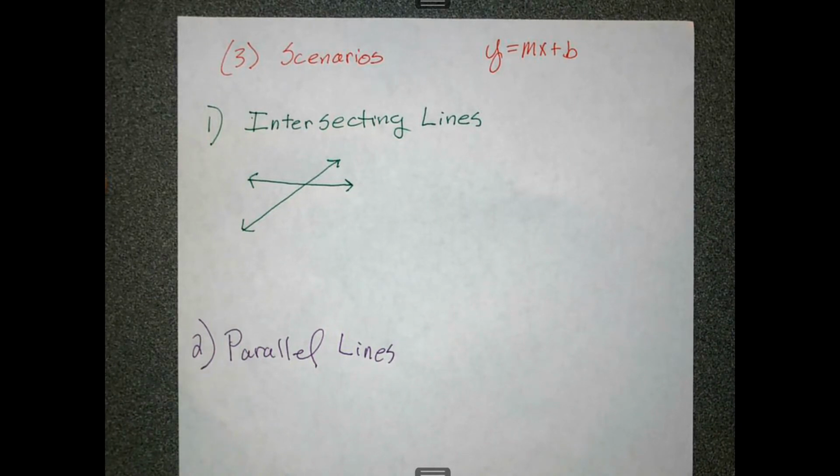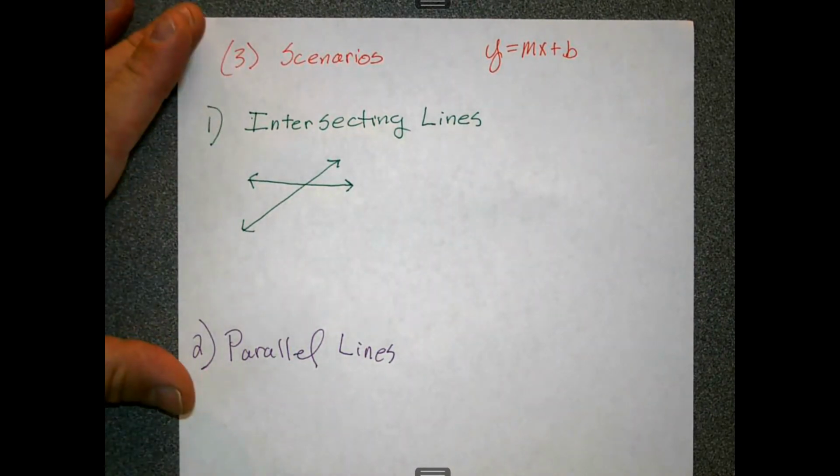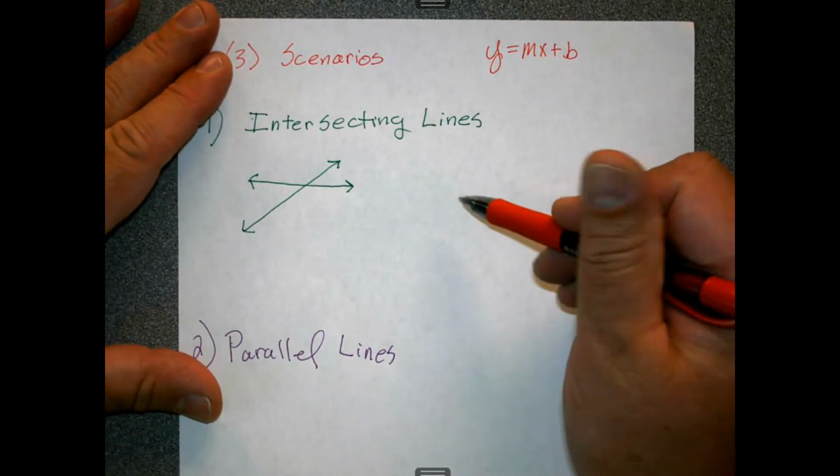But how many points are in a line? Infinitely many, right? In fact, that's a definition in geometry from day number one or two. They tell you a line is made up of infinitely many points, right? Well, those points on any line.